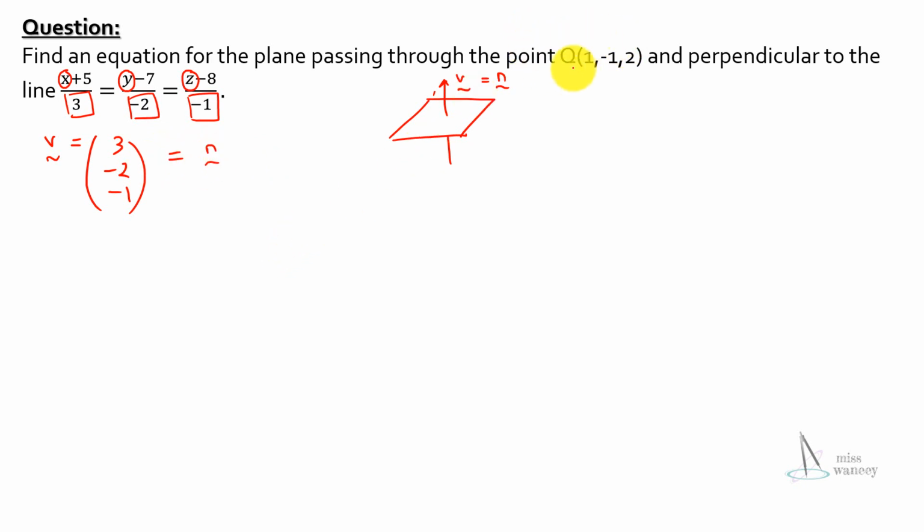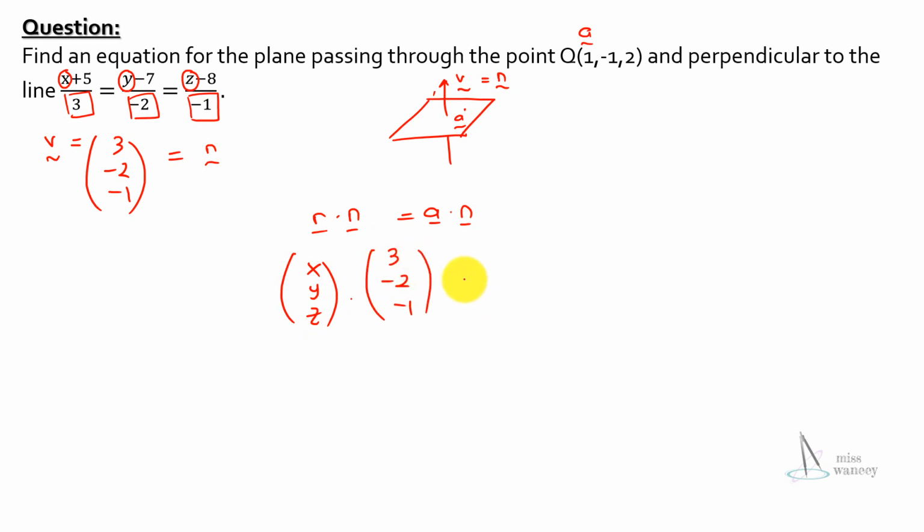And since this point must pass through the plane, this can be considered as a fixed point. So you're going to substitute into the formula r dot n equal to a dot n. So r is x, y, z, dotted with n. So n is 3, negative 2, negative 1 equal to a. So I got 1, negative 1, and 2 dotted with the n, 3, negative 2, negative 1.